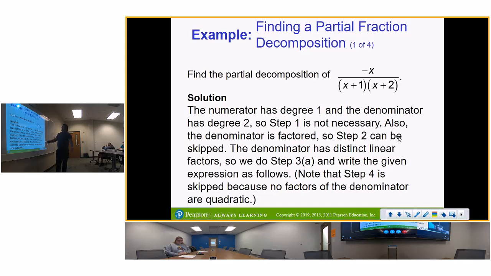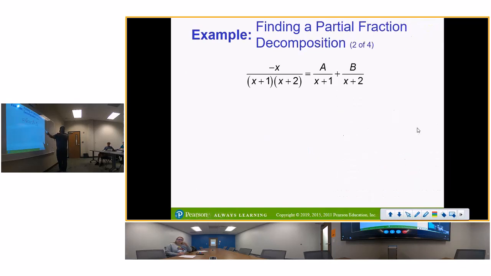Now, this is what you need to write down. If you have one that looks like this, do you see any quadratics down here? Do you see an x squared plus 2x plus 3? No. It's just two separate entities right here.